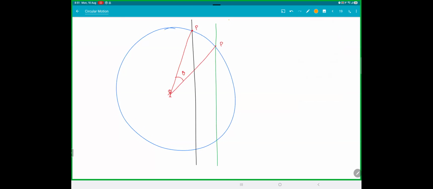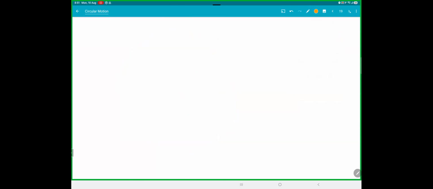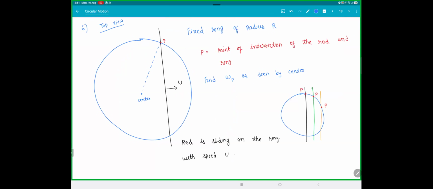Next moment, P will be somewhere here. So if you ask him, he will say, again, it rotated. So he will think P is going in a circle, isn't it? Find the angular velocity of point P. I can even ask you to find the speed of point P, but yeah. The radius is R.